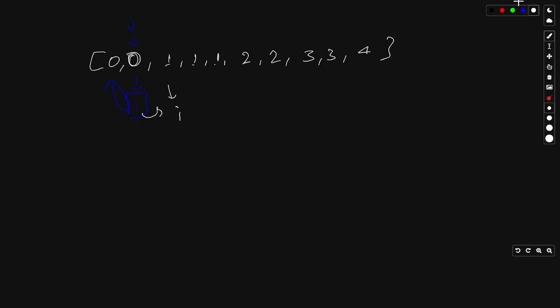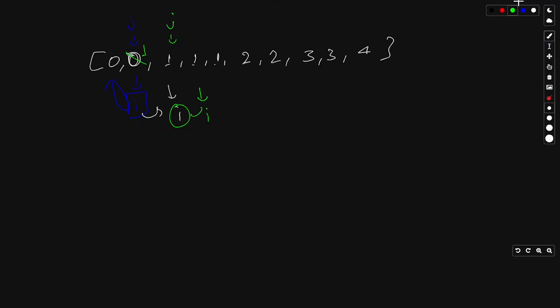Now in this situation where the current element and previous element are different, we will update our element at the jth pointer to 1. After that we will increase our jth pointer, and we will also increase our ith pointer over here.